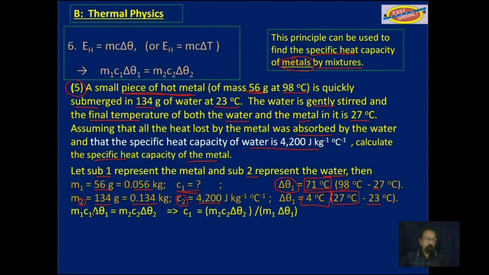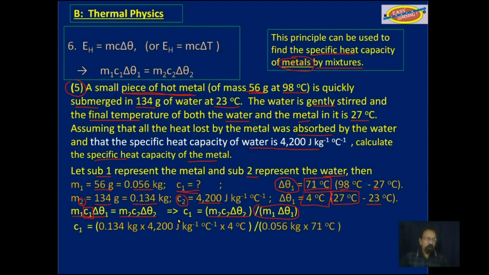We said that M1C1 delta theta 1 is equal to M2C2 delta theta 2. We make C1 the subject of the formula, which gives us M2C2 delta theta 2 divided by M1 delta theta 1. We know what these are, all 5 of these variables on the right hand side.